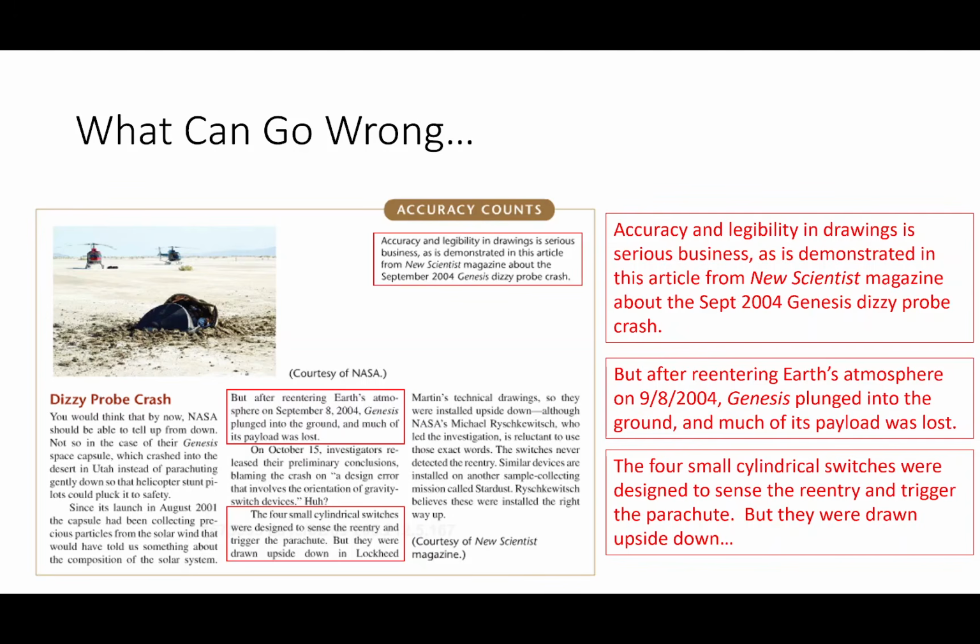They were designed so that when the shuttle entered the atmosphere, they were supposed to sense it and trigger the parachute. And they were drawn upside down. And that's all it took, okay? Something as simple as that costs a lot of time, a lot of money, and a lot of effort to go down the drain.